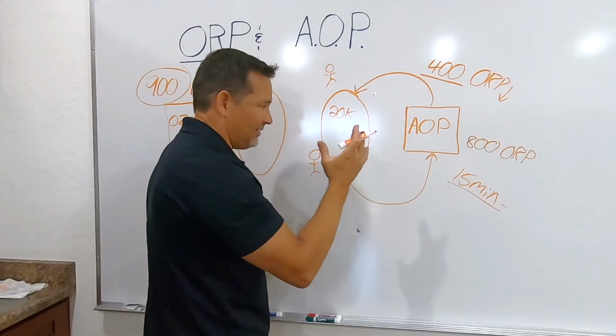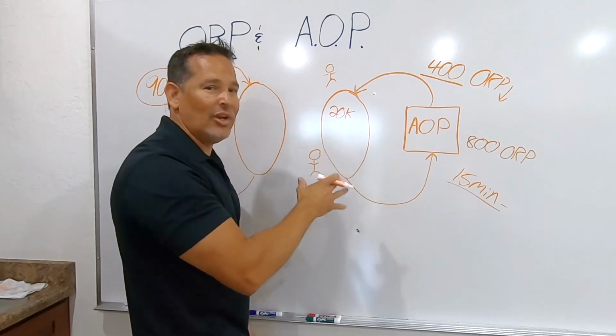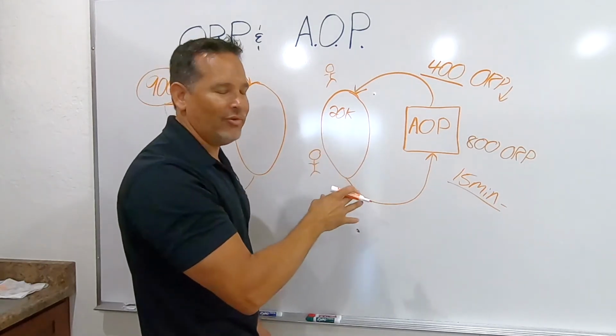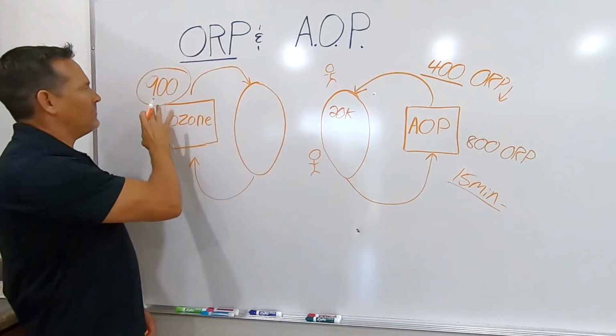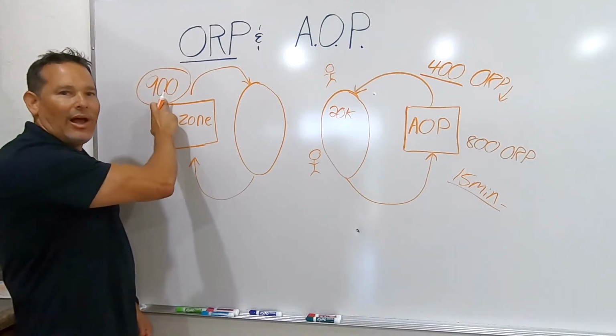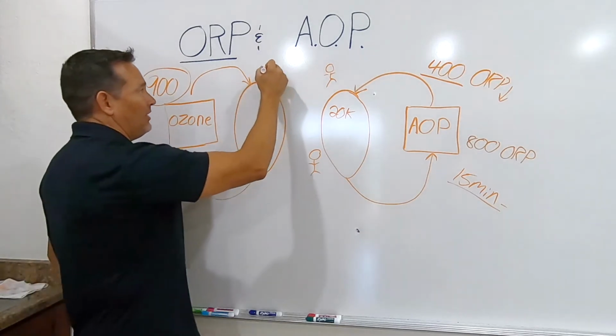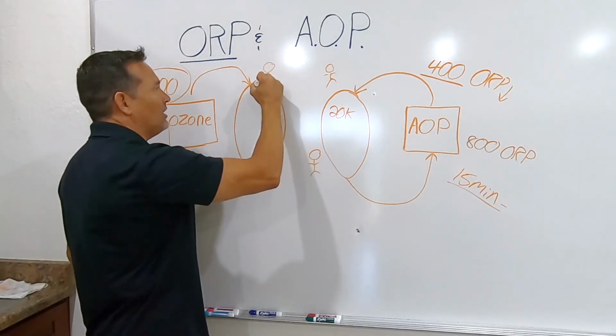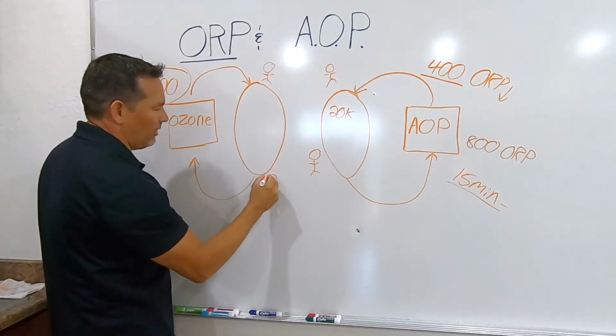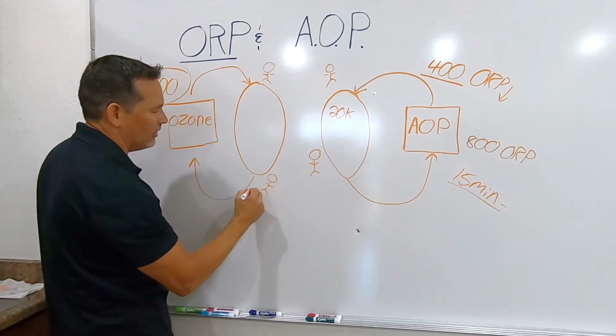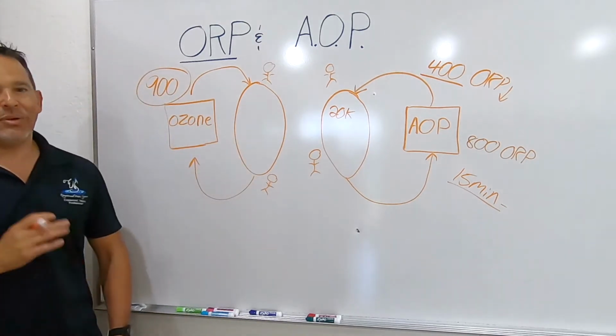Once again, it's not saying that this is a bad method. It's just the design of the technology. It works well. But nonetheless, I am leaving my water at a higher oxidizing potential for my bathers and everything coming into this water. So same scenario, if I've got people coming into this body of water, my oxidizing potential is much greater.